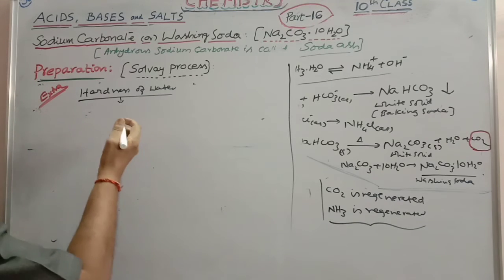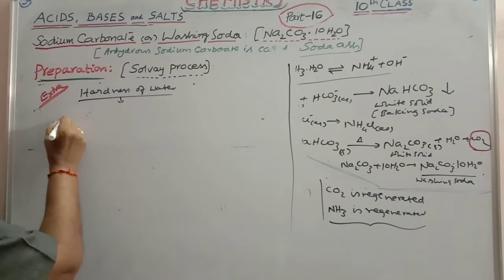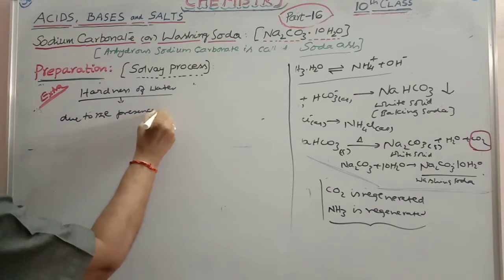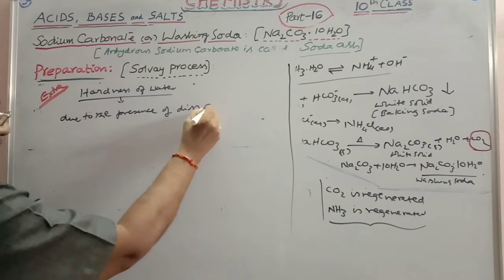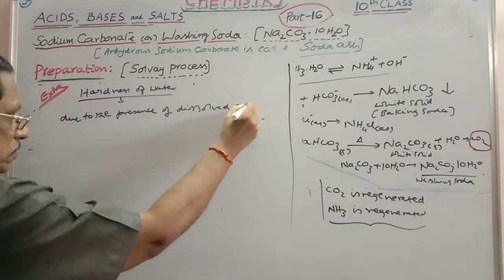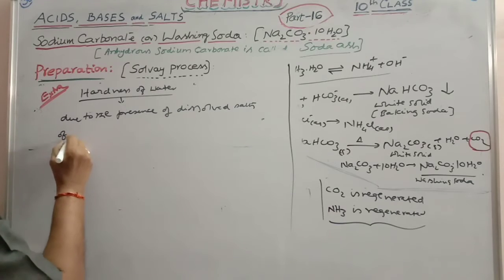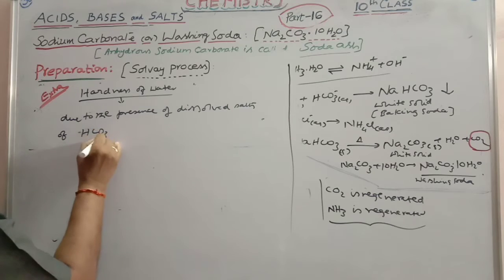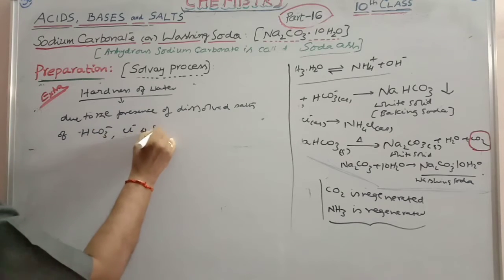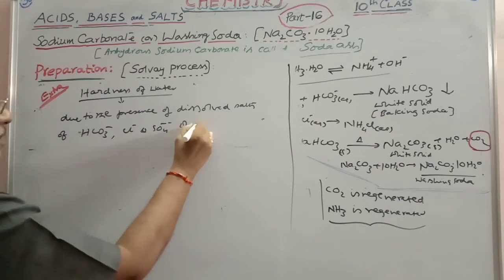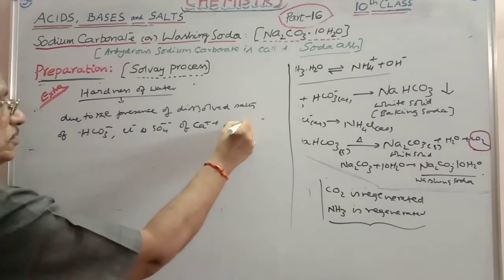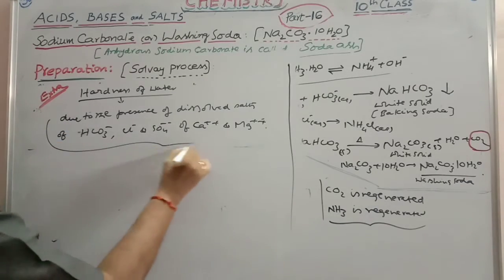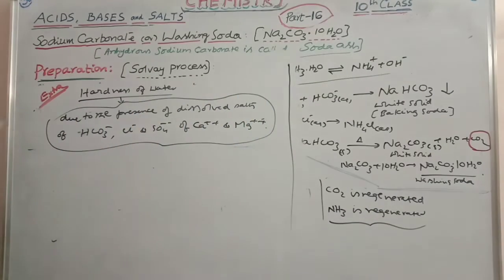Hardness of water, hard water, is due to the presence of dissolved salts of bicarbonates, I am writing the formula, bicarbonates, chlorides and sulfates of calcium and magnesium. This is the reason for the hardness of water.